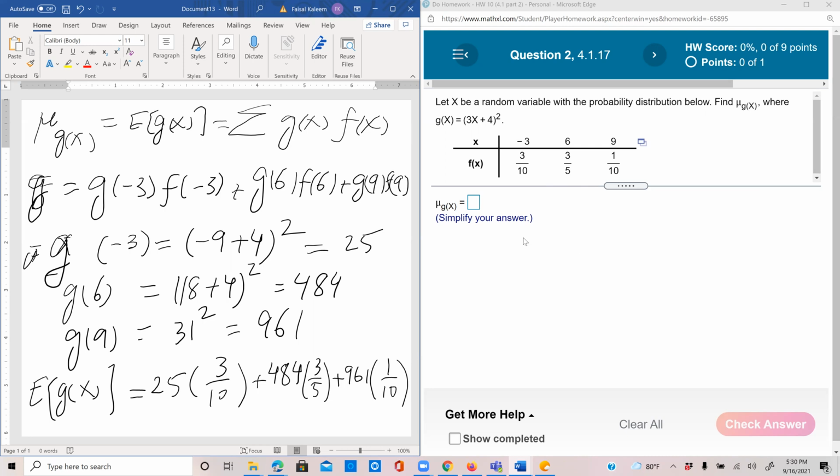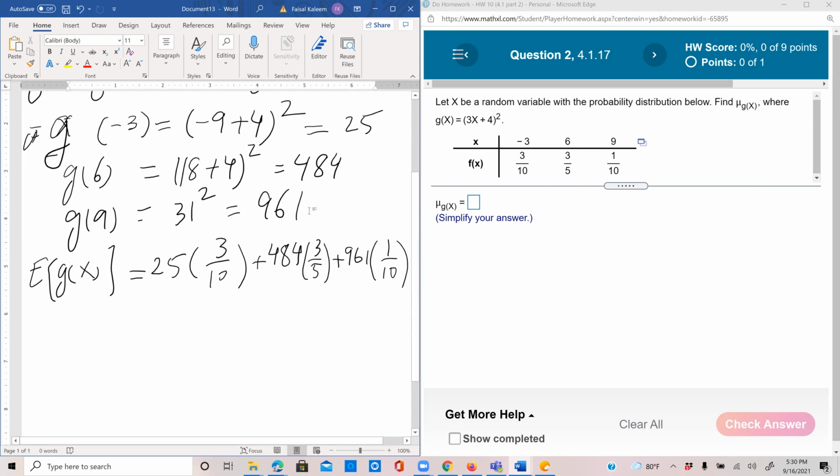Okay, so let's see what this is. 75 plus 484 into 0.6 plus 96.1. So that's 394.